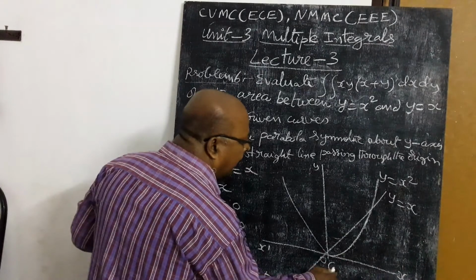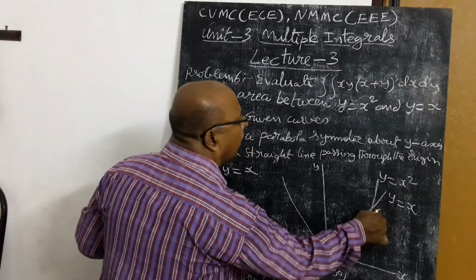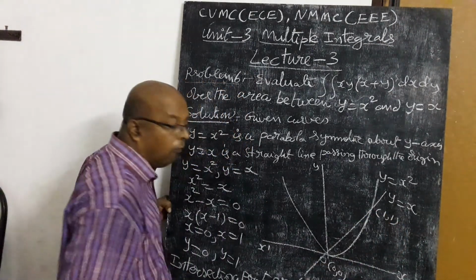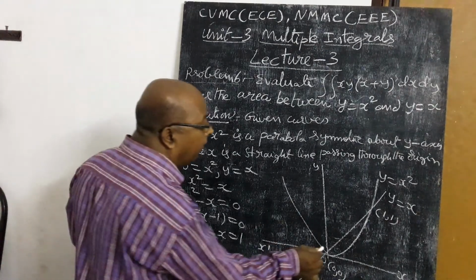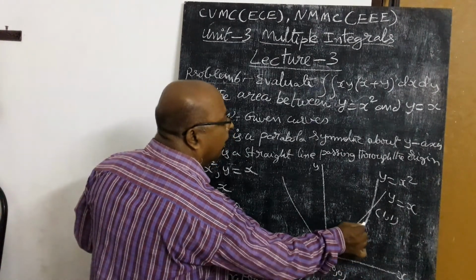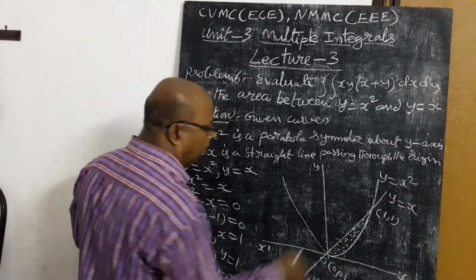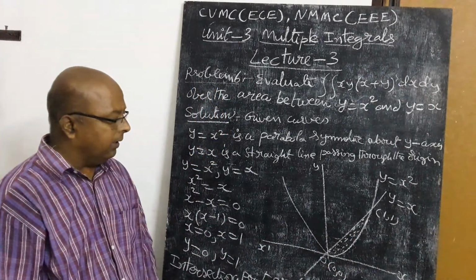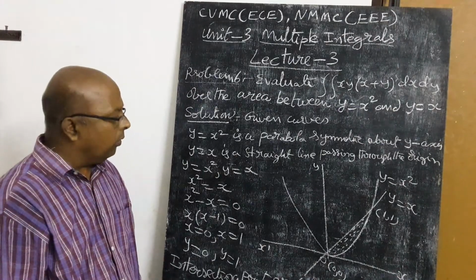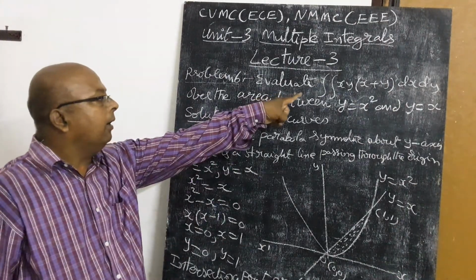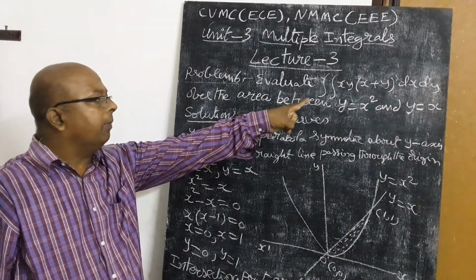This point is (0, 0) and this point is (1, 1). What is your required region? This is your required region. So here the double integral is given, xy into x plus y dx dy.